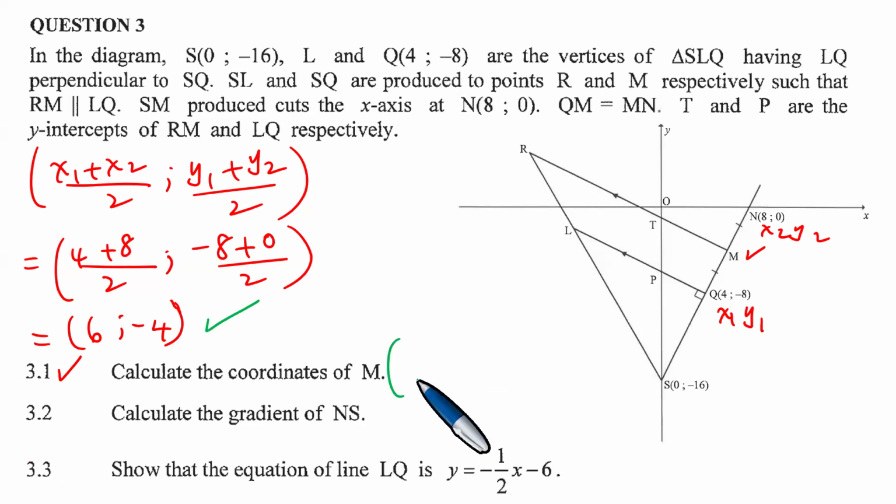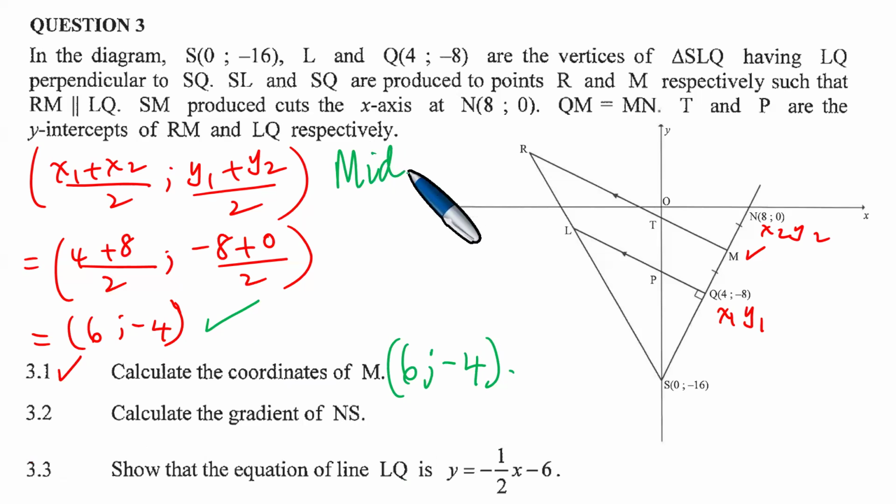The coordinates of M are 6 and minus 4. Obviously this formula is the formula for finding what we call the midpoint. Okay, next point.